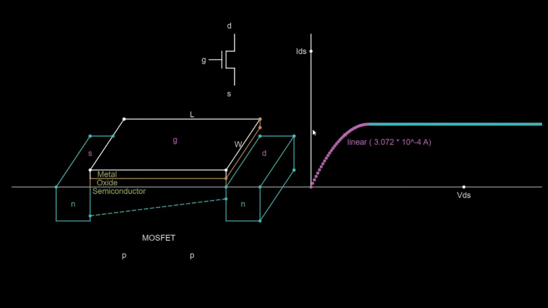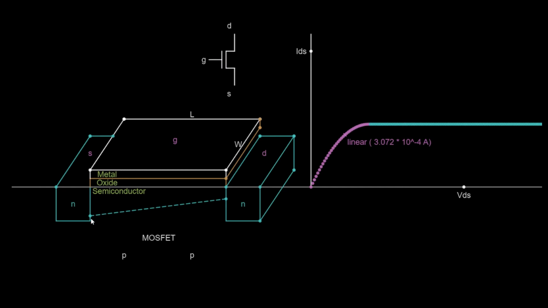Now, usually you'll see the characteristics represented in two-dimensional graphs, split into the graph of the output voltage to the output current, or the graph of the input voltage to the output current. But we can represent them, as I said, as a three-dimensional surface.